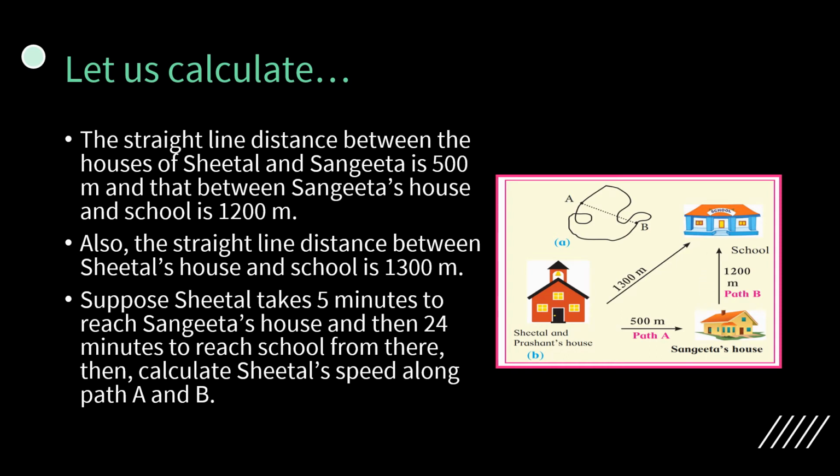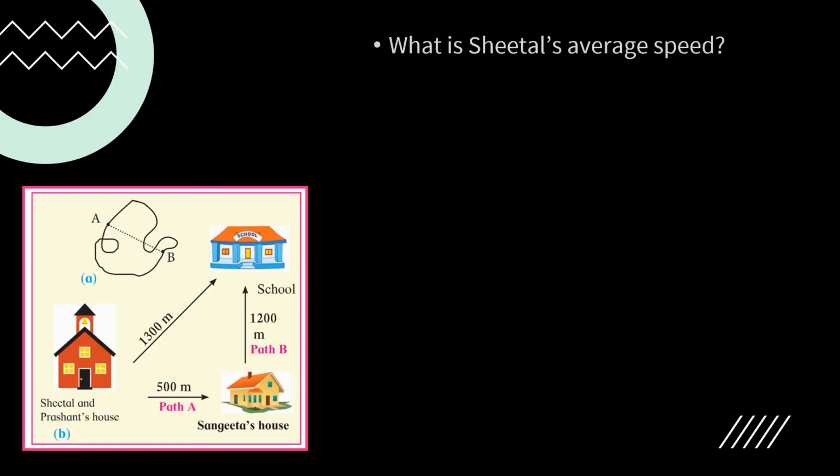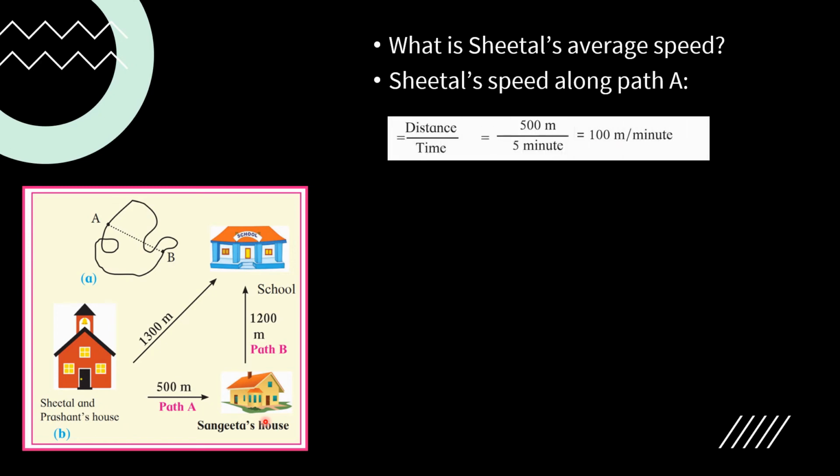Let us calculate. What is Sheetal's average speed? First, Sheetal's speed along path A, that is on her way to her friend Sangeeta's house. We know the formula to calculate speed, which is distance upon time. The distance between Sheetal's and Sangeeta's house is about 500 meters, and she is taking 5 minutes to reach.